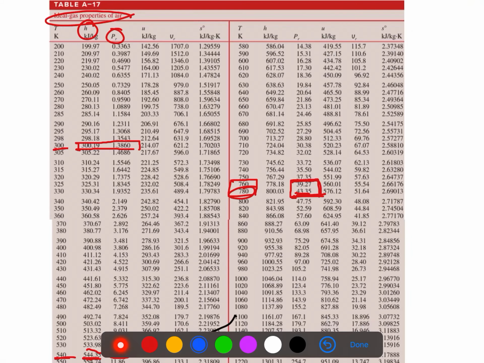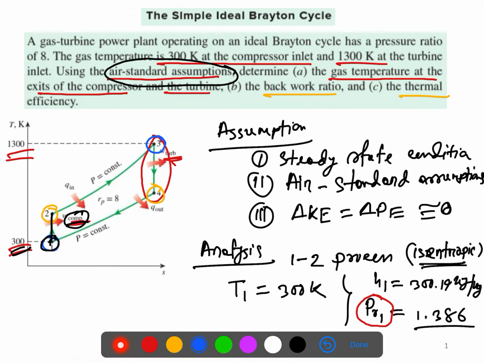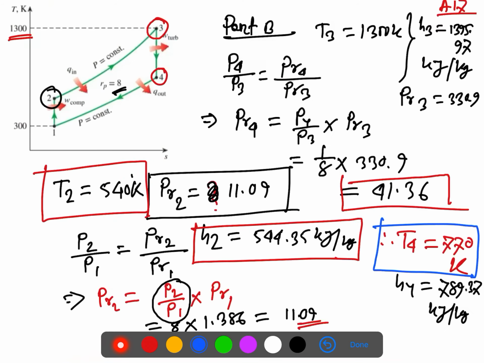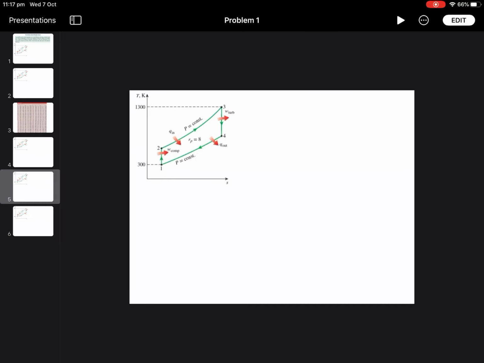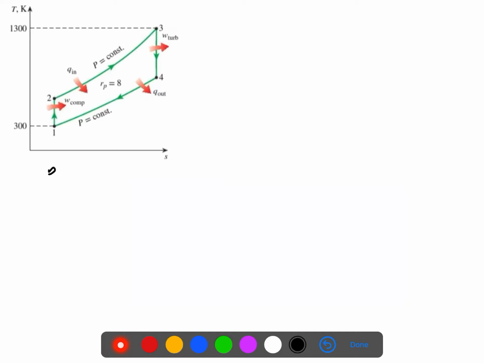Now the second part of the question says the backwork ratio. The backwork ratio is actually the ratio of the compressor work and the turbine work. So I will write down the formula for you. So for the second part of this problem, it says the backwork ratio.